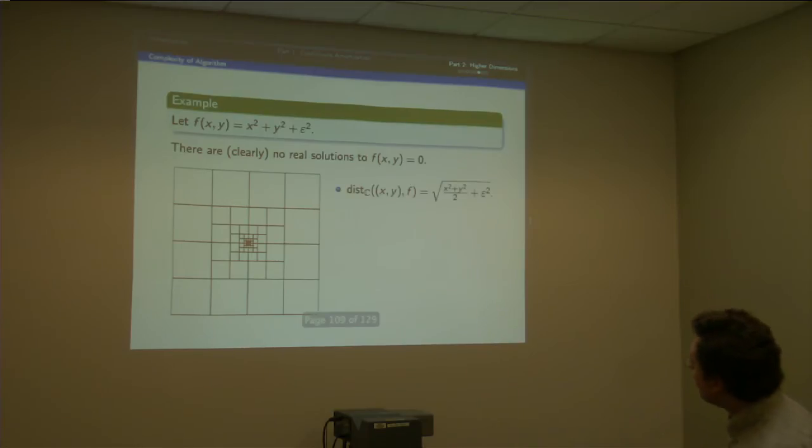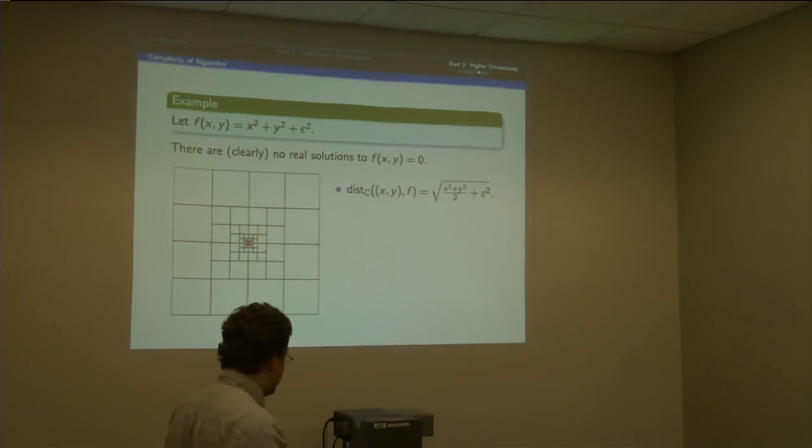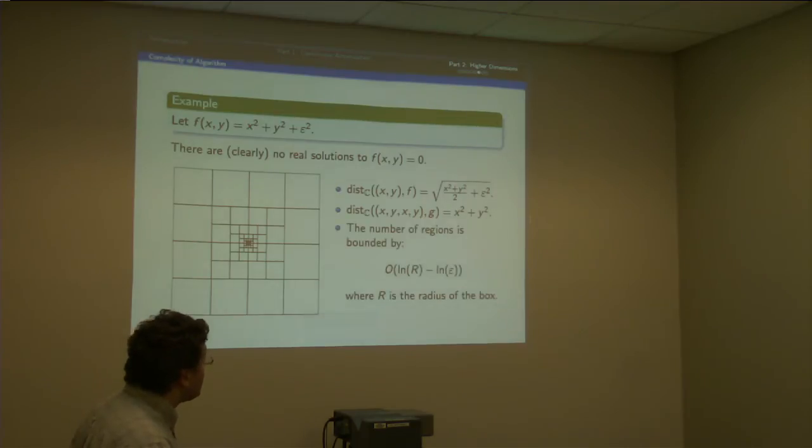We can actually compute all the distances in the previous slides explicitly. We can get the distance from our points to our curve, and the distance from the points to that g function. And you actually get that the number of regions is log of the size of your initial box minus log of epsilon, which is a very nice bound.